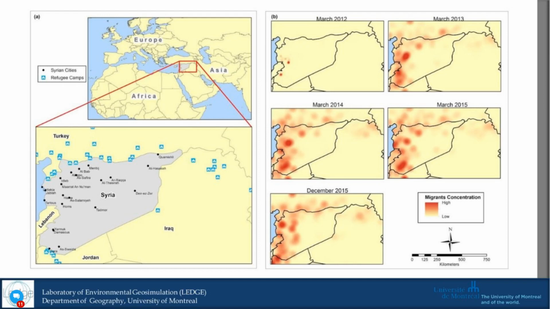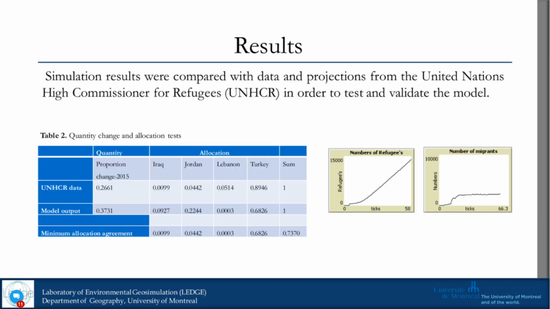Next slide, please. For this kind of simulations and models, it's somehow difficult to validate the results. So what we tried to do was count the numbers and the proportion of the numbers in the end. We looked for the information on the refugee camps, the possible destinations for all the Syrian refugees.